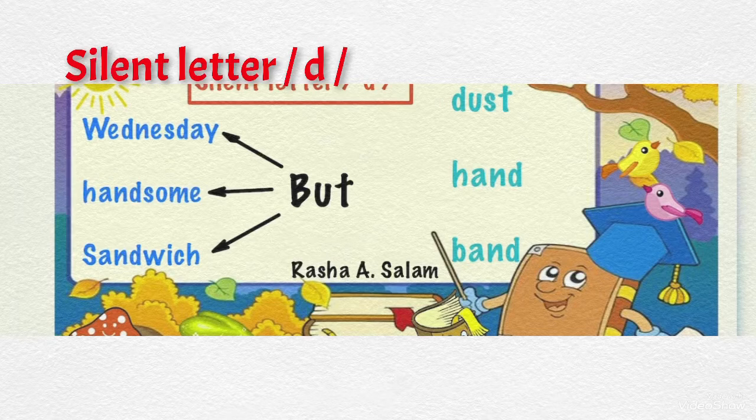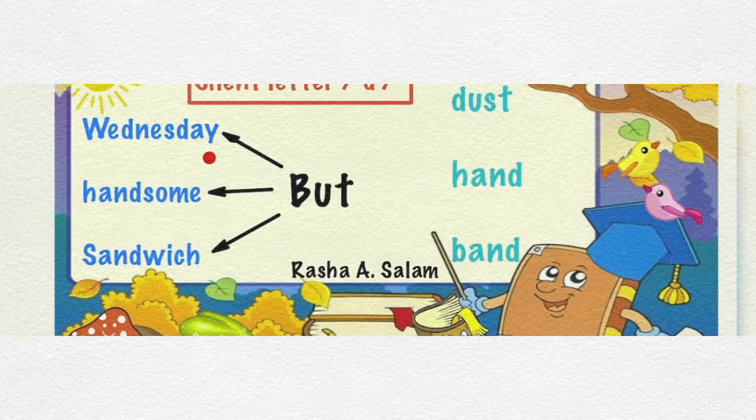As in the word Wednesday. I cannot read it with the D. No, I will read it Wednesday. And the word handsome, I cannot read it with the D. No, it will be handsome. So here we will cut letter D because it is a silent letter in this word.